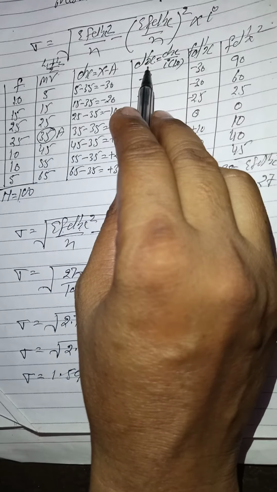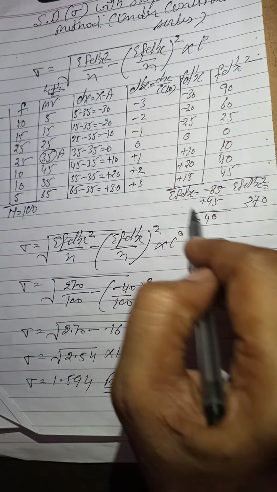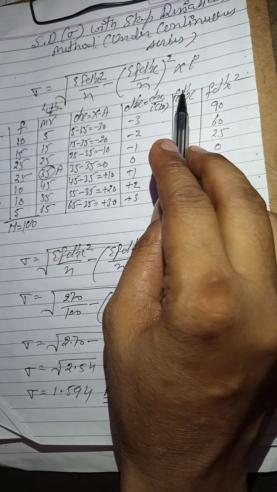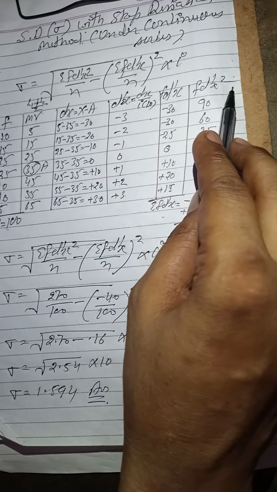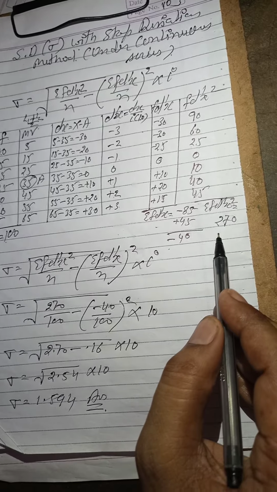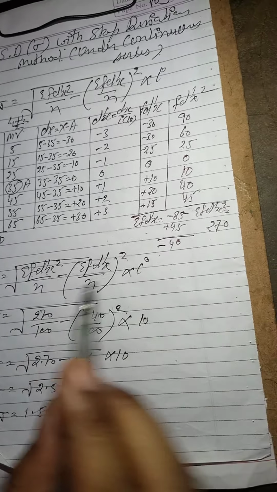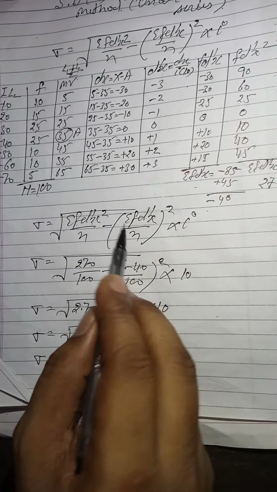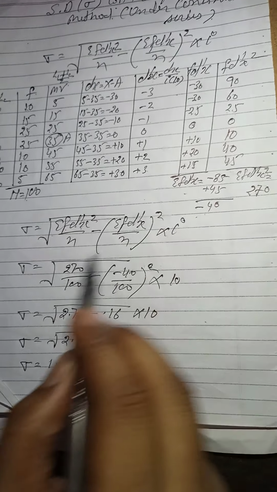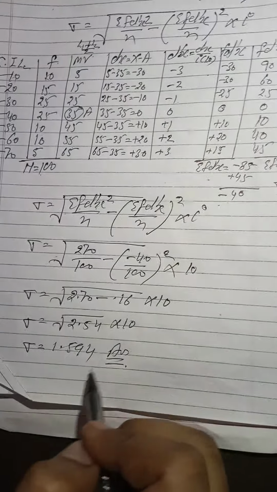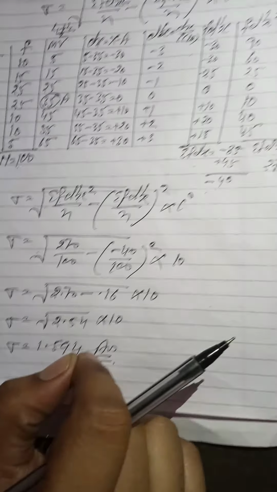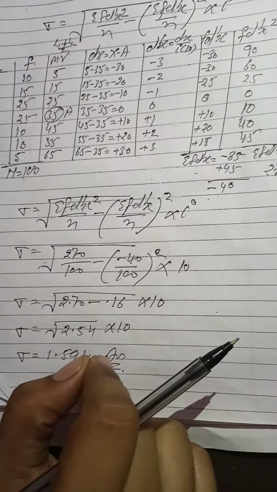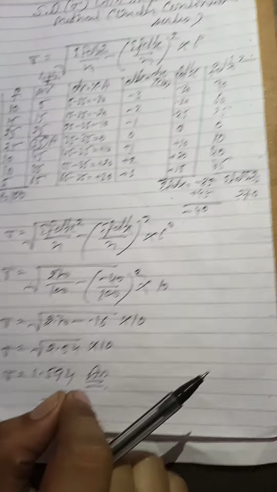After that d dash x multiplied with frequency, that's your summation f d dash x. After that f d dash x multiplied again by d dash x, that's your summation f d dash x square. Apply the formula, put all the values in the formula and calculate it, that's your answer, beta. Clear, beta?